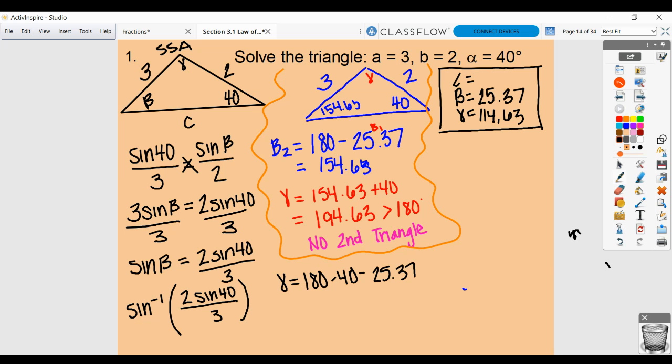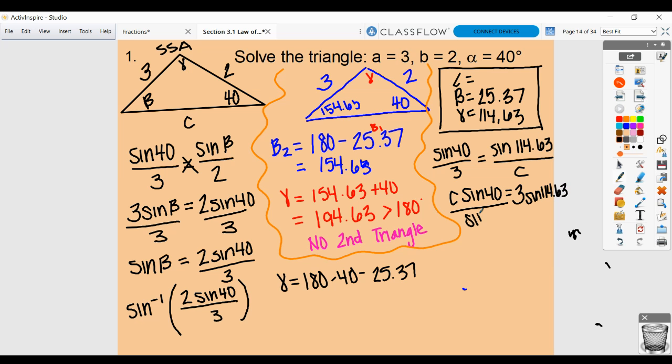Okay, so now you can go find C by setting up another one of these. Use what you were given. So sine of 40 over 3. Since you're looking for the C, you have to use the gamma. So sine of 114.63 over C. Cross multiply. So C sine 40 equals 3 sine 114.63, divide by sine 40.